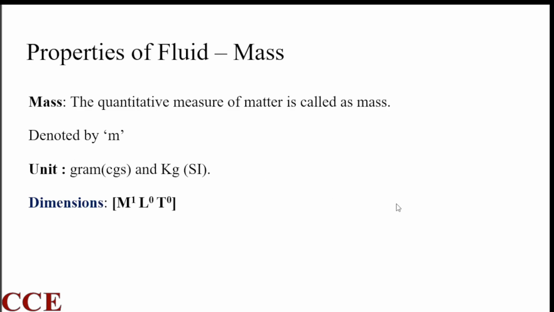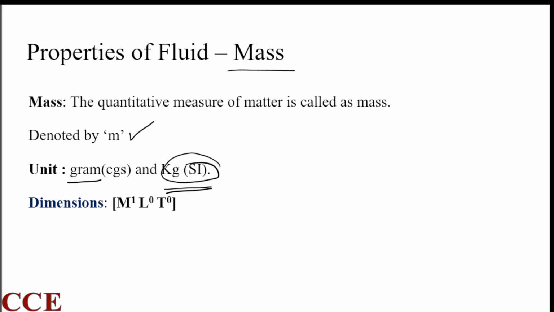Now, the very first property of the fluid is mass. Mass is a quantitative measure of matter. The notation of mass is small m. The unit is gram in CGS and kilogram in the SI system.